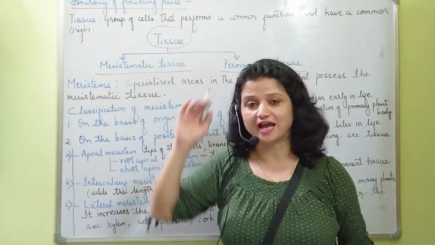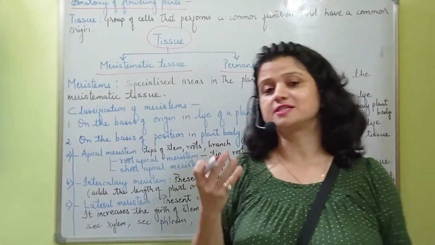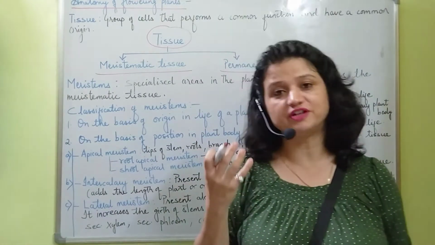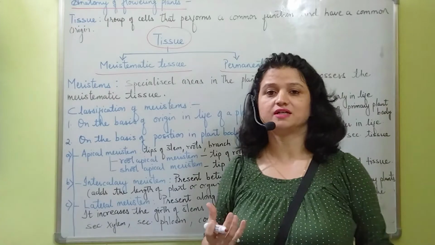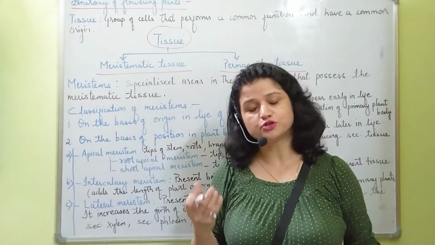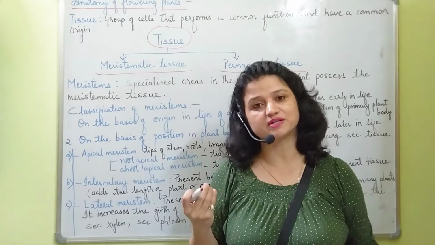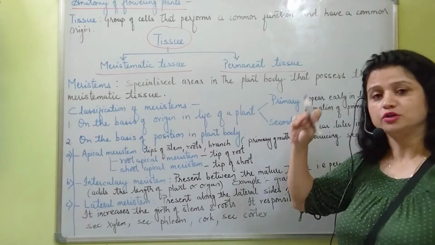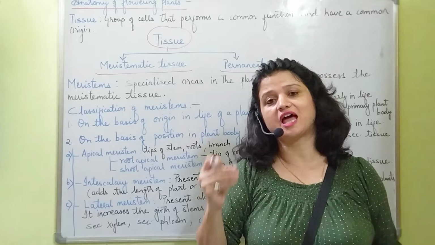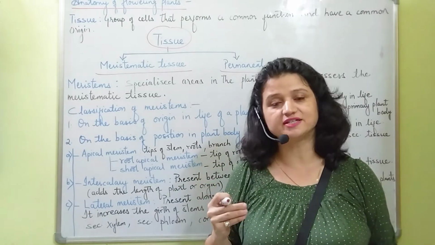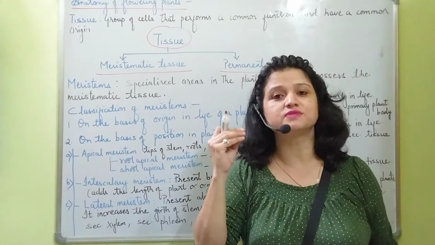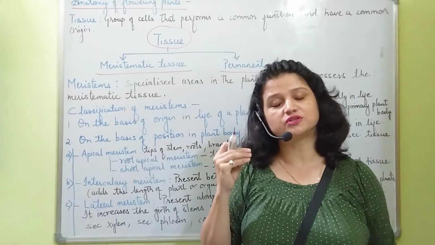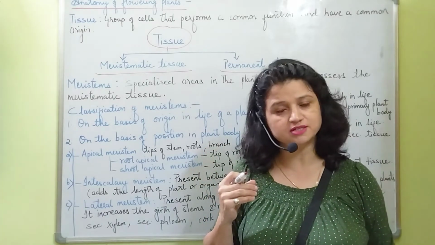Meristematic tissue is that tissue in which the cells have the ability of division. They retain the ability to divide. Permanent tissue is that tissue where the cells have lost the ability to divide and now they perform some specific function.